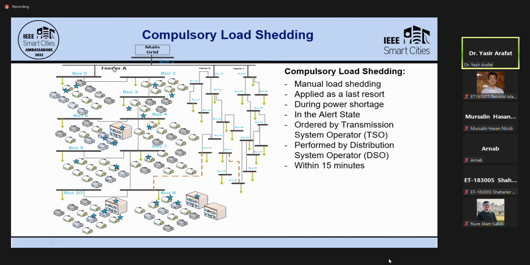If we disconnect power from the substation, then all the customers under this substation would lose power, no matter how important the consumer is or how important the power supply to those consumers is.